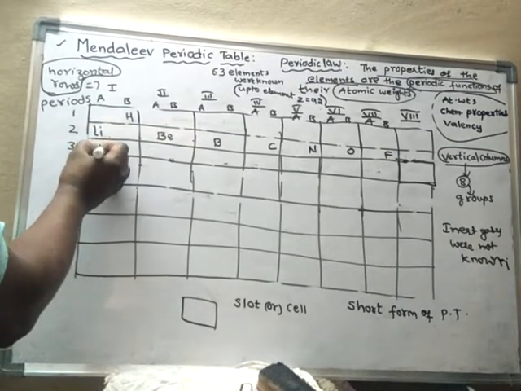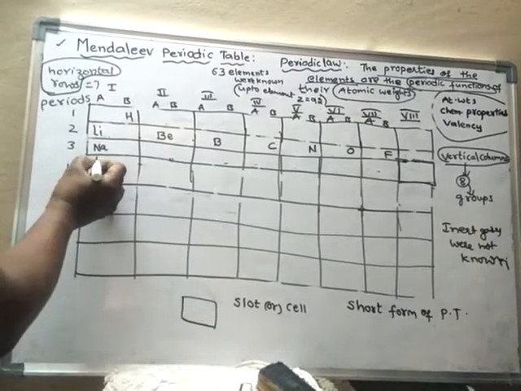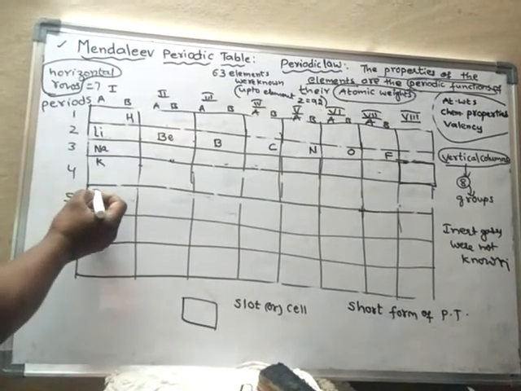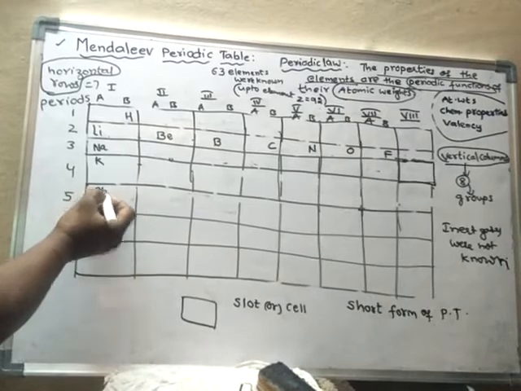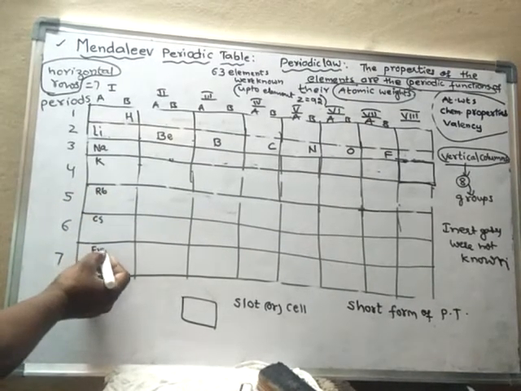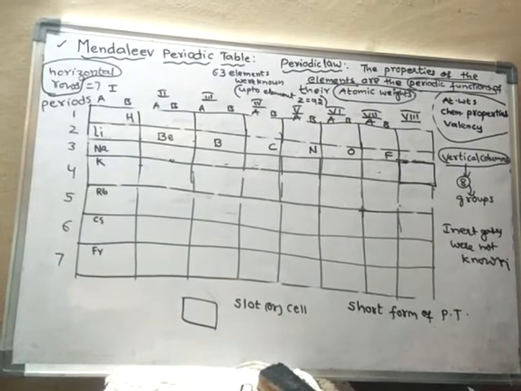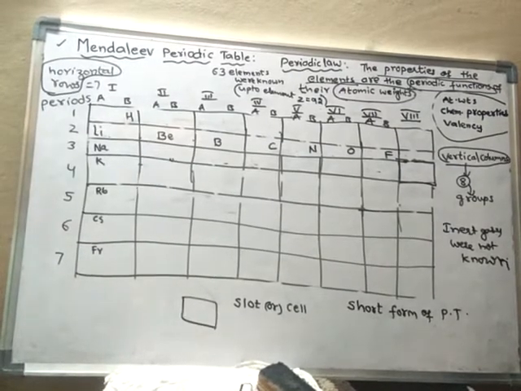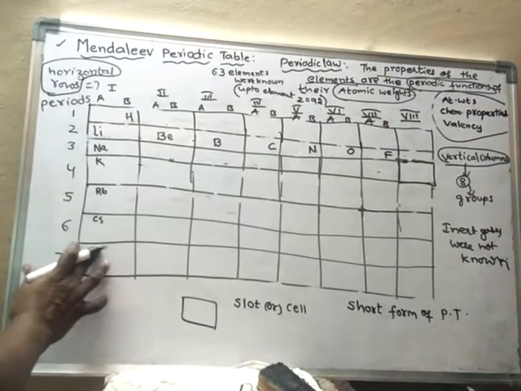Lithium, sodium, potassium, rubidium, cesium, francium. Francium was not known at this time.